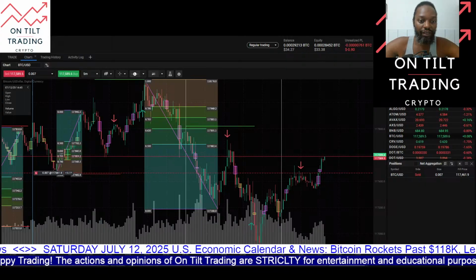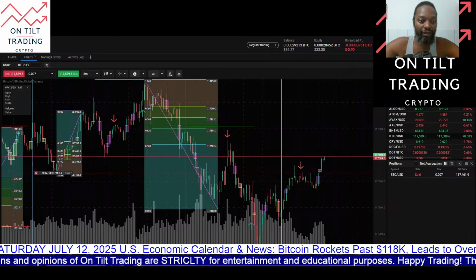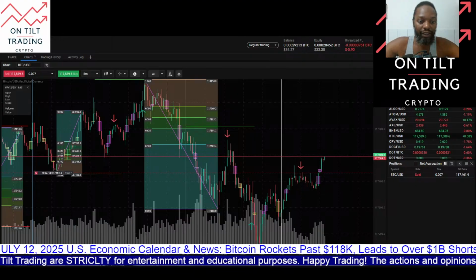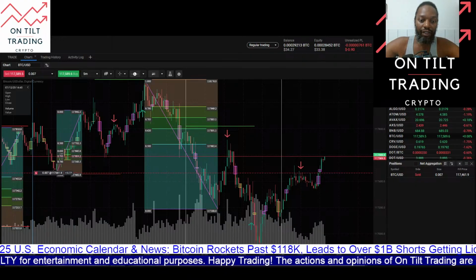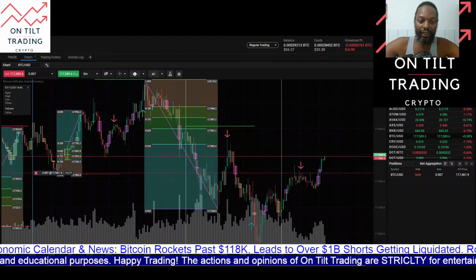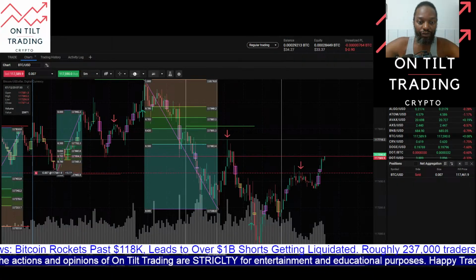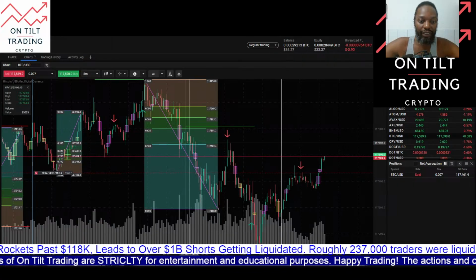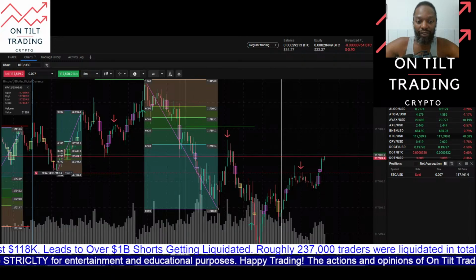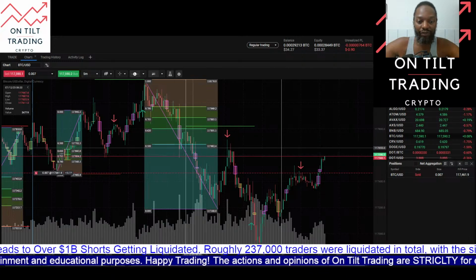It comes in up here, comes in here, comes in here, and finally comes in here. So I was looking at this space for a potential pullback to the 50 or the equilibrium area, and was targeting a fair value gap anywhere around the equilibrium area.